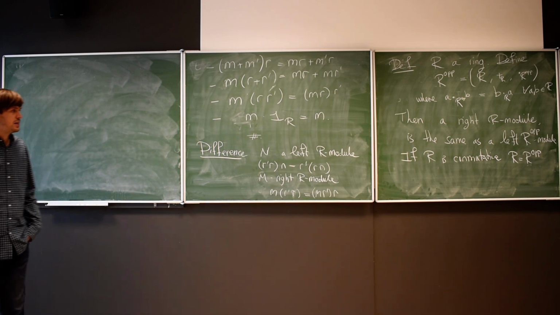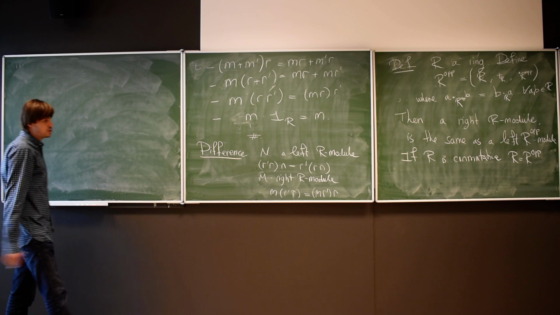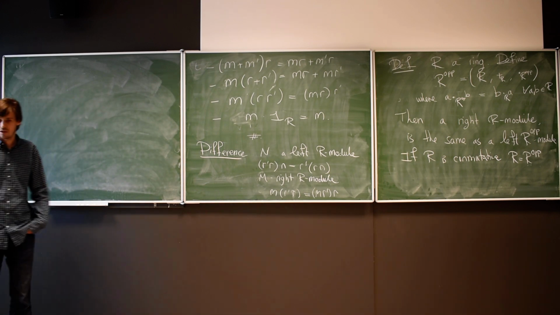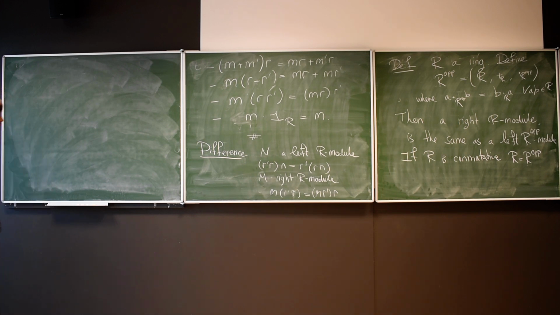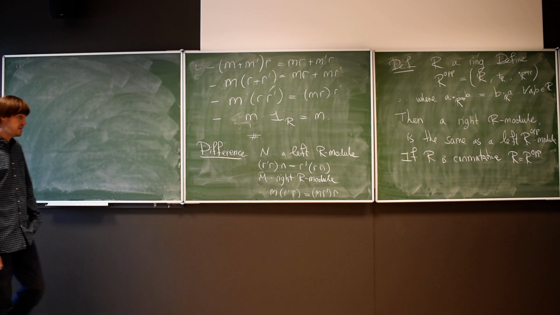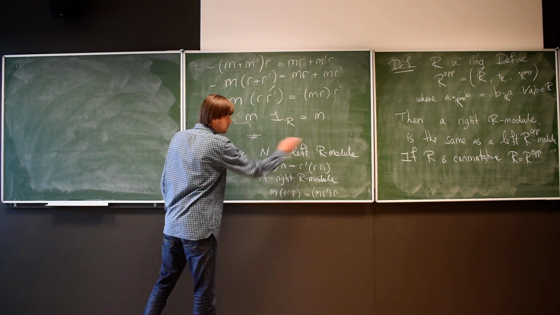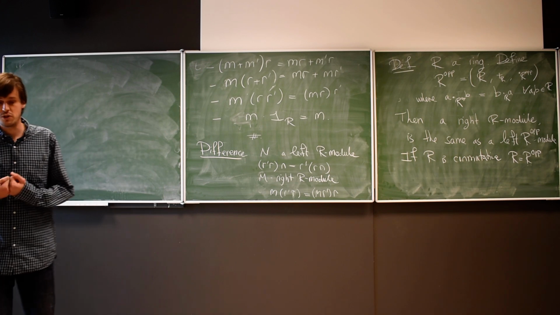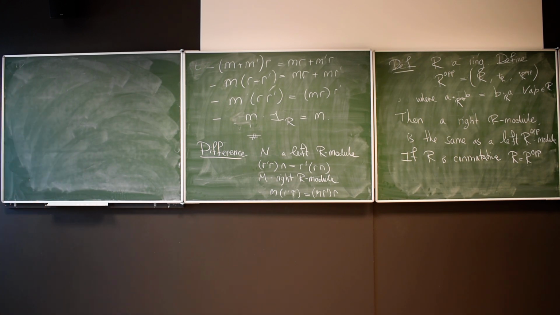But I want to point out that if you work with R modules in general, this category behaves in quite a different way. And one of the first basic problems that you have to face when dealing with R modules is that there are many R modules that do not have a basis. Okay, so let me try to define what this means.